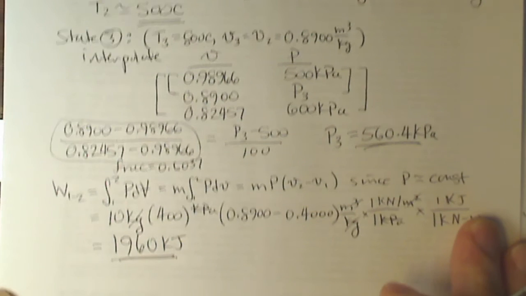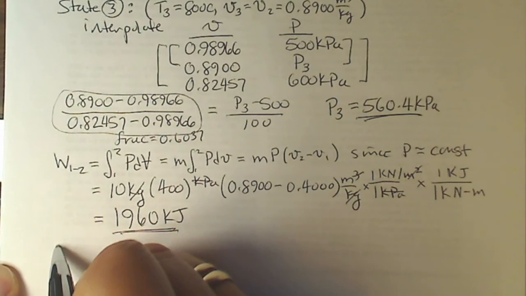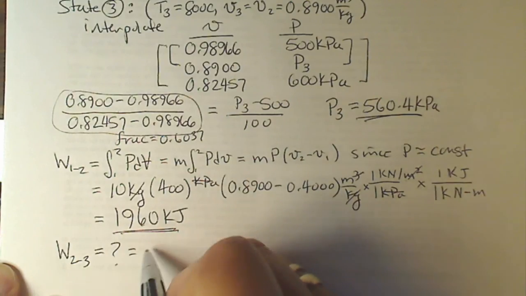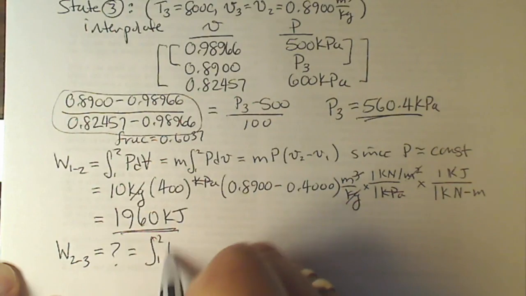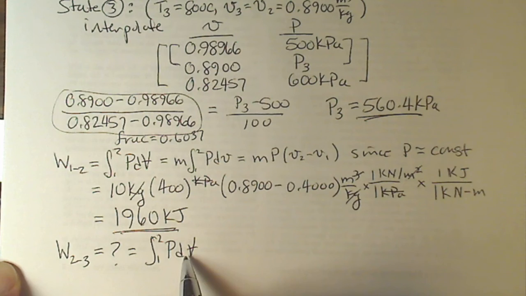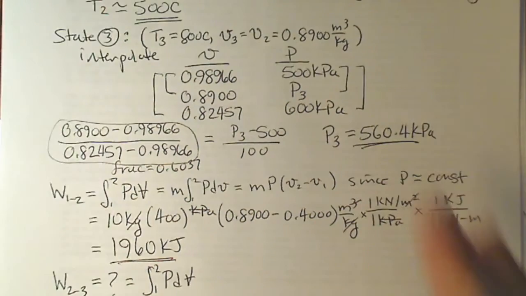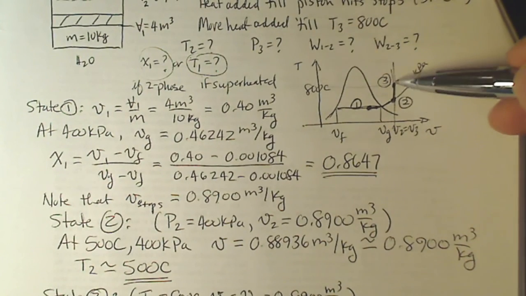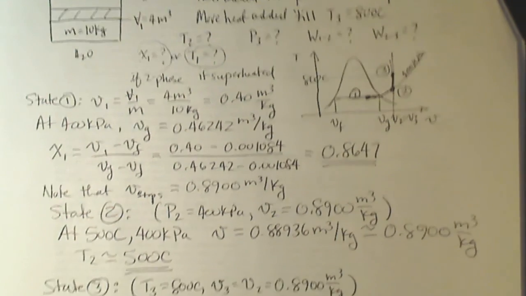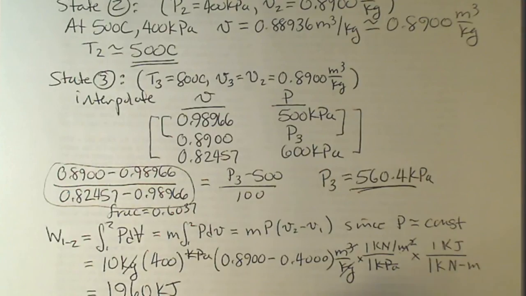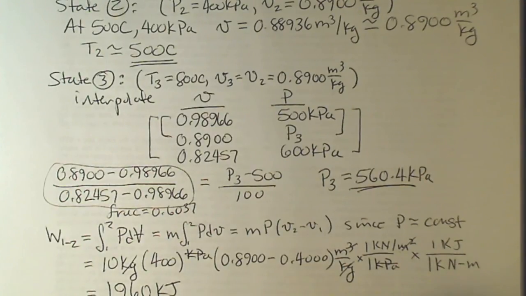We were also asked to find the work done from 2 to 3. Was the integral P dV, but since there's no volume change in 2 to 3, remember our state 2 to 3 is just going along a constant specific volume or constant volume line. So since there's no volume change, there can be no work done.